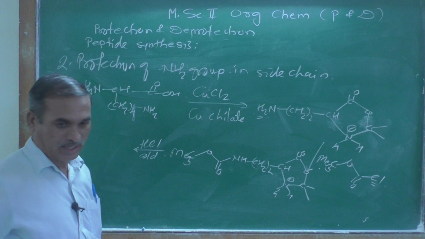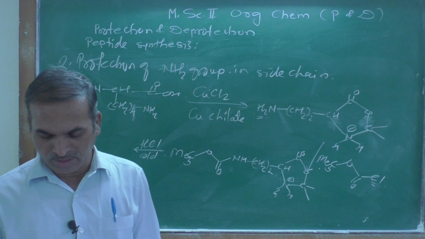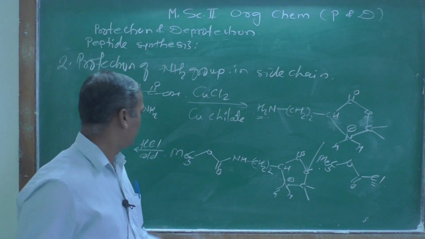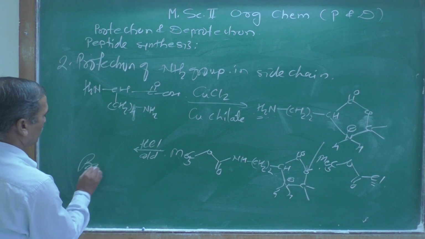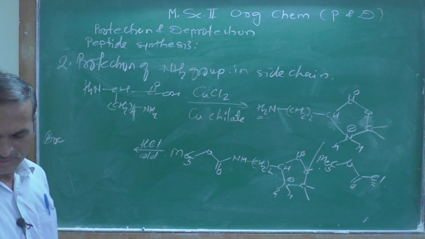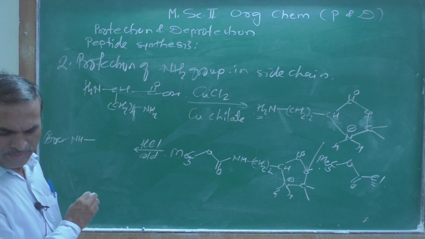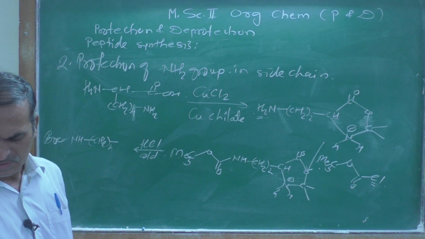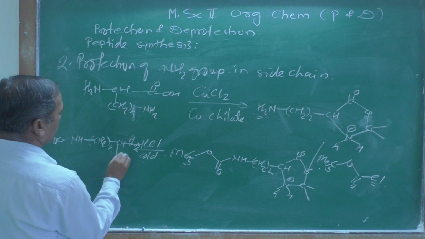Ice is used during this reaction. On cleavage of the metal complex by HCl, the resulting product will be obtained as BOC, then NH, then CH2 four times, then CH, C double bond OH, and this NH2.